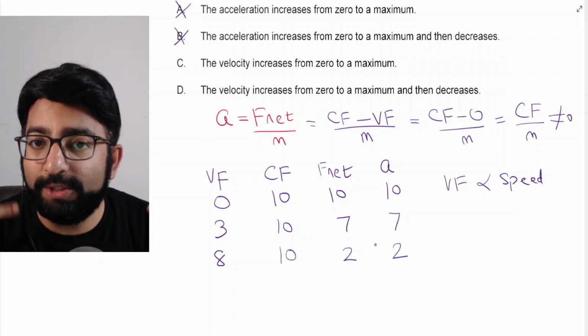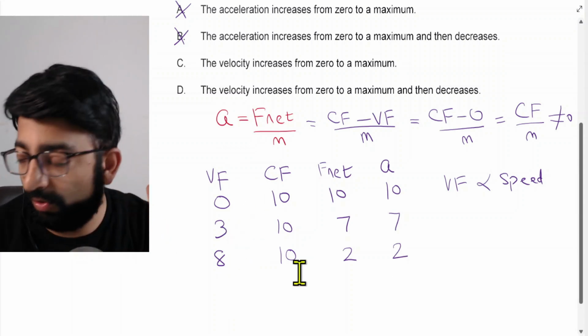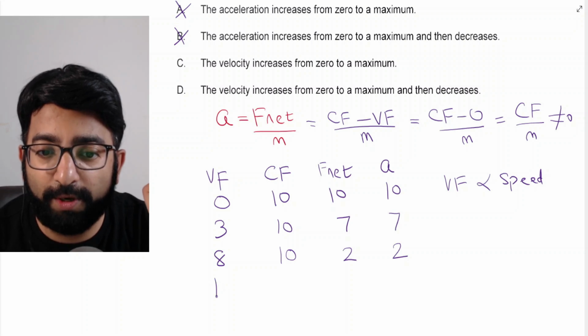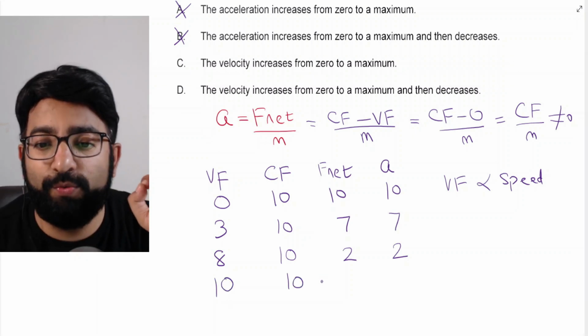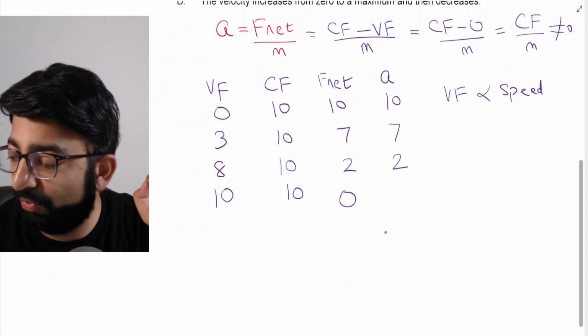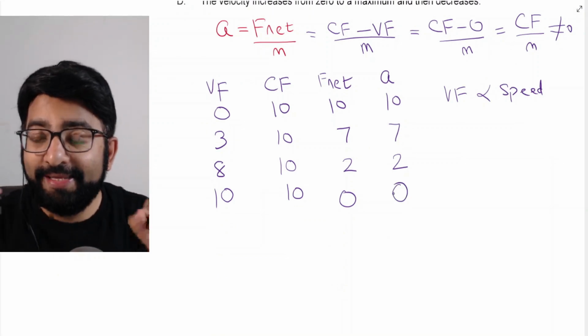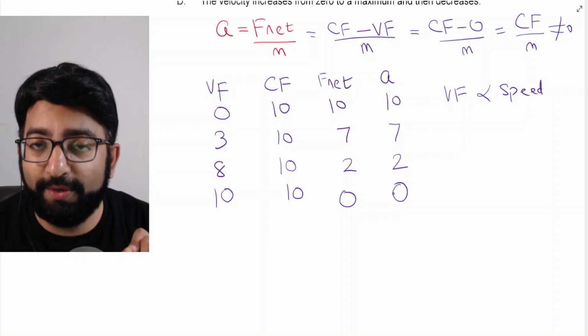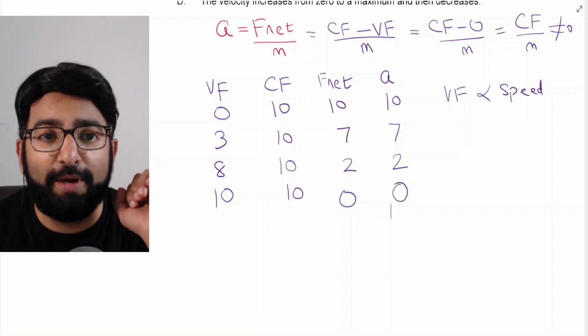We keep continuing this process till the varying force becomes equal to the constant force. So let's say the varying force becomes equal to 10, and the constant force is 10. So the net force will be 10 minus 10, which is 0, and hence acceleration will be equal to 0. This is where things get a little interesting. Since acceleration is equal to 0, the velocity is not changing. Velocity has become constant now.